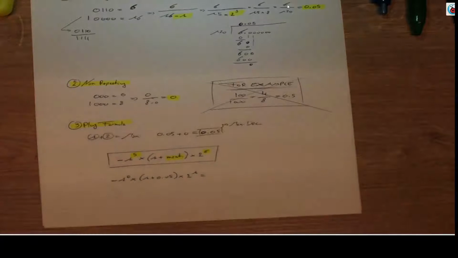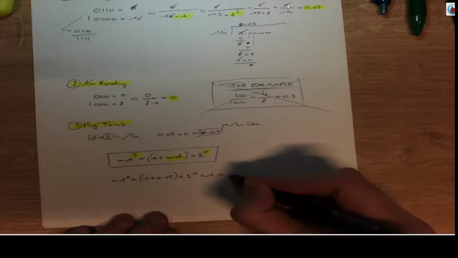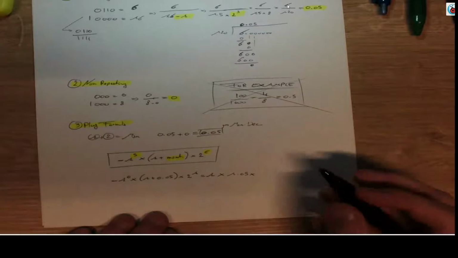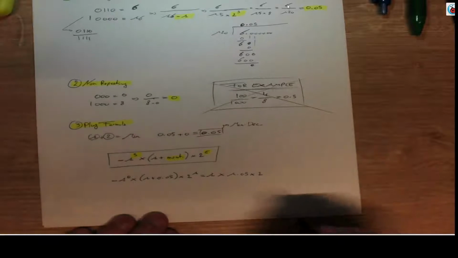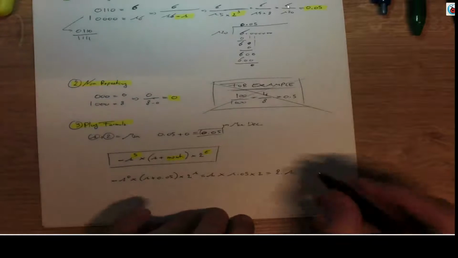Or, let me make this a little bit easier to read, -1 to the power of 0 is, of course, 1 times 1.05, just add both of them, times, of course, 2 to the power of 1 is 2. Or in this case, I think it's not that hard. 1 times 1.05 is 1.05, times 2 is 2.1.